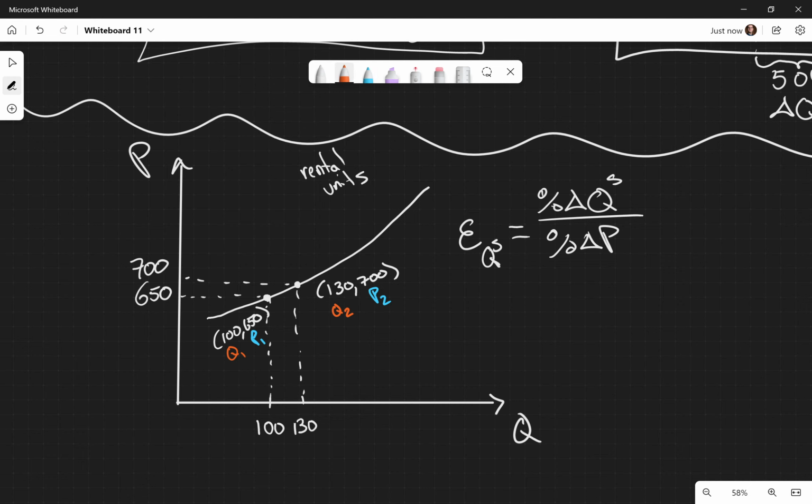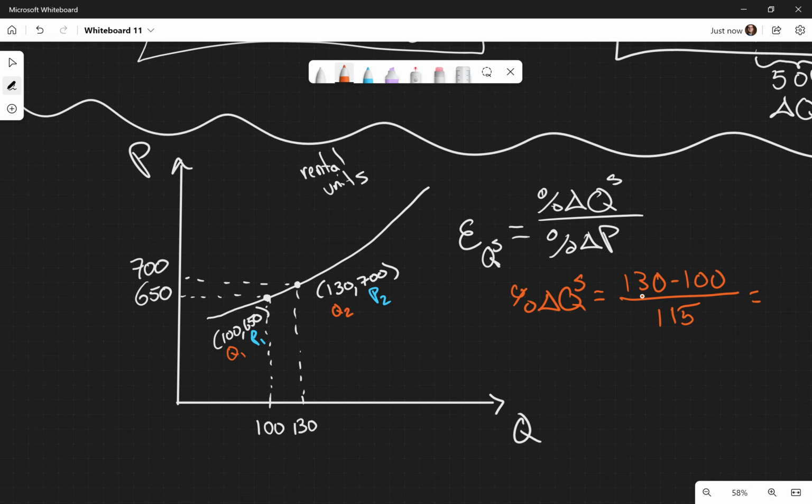All right. So my percentage change in my quantity supplied, I'm so used to doing demand, it just comes out, is going to be 130 minus 100 divided by 130 plus 100 divided by 2, which is 115.